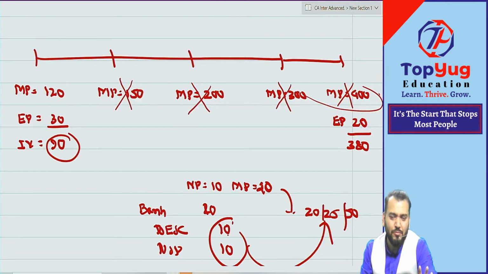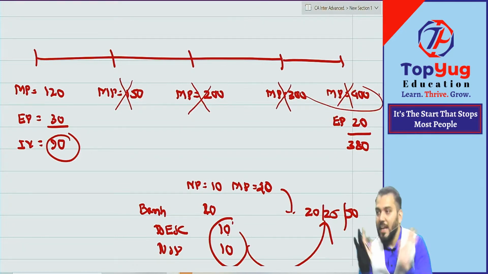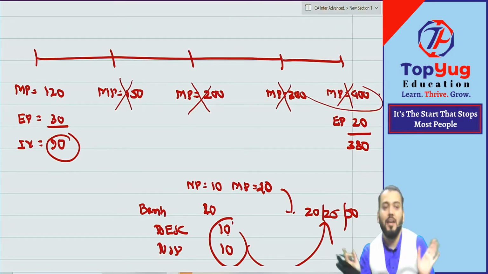Means 90% students do rectification. CA Inter can be passed with rectification, but CA final cannot be passed with rectification. CA Inter can be passed, but CA final you will die.